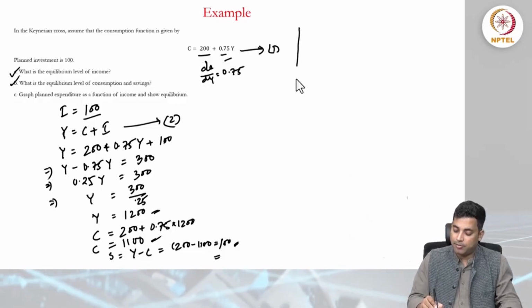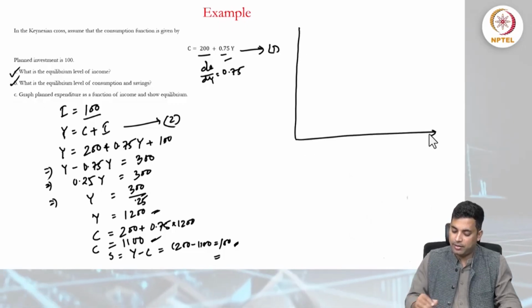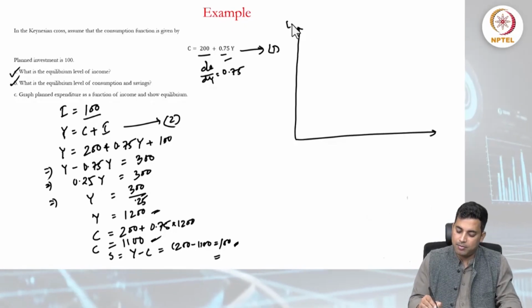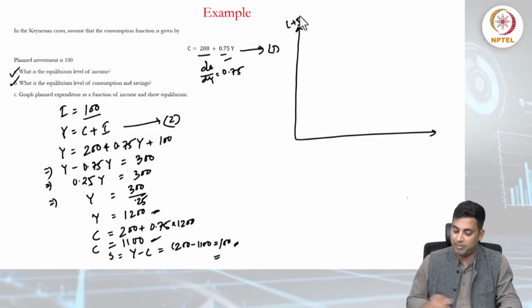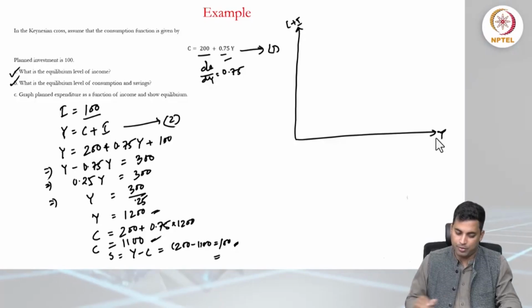Let us plot this, with C plus I as planned expenditure and total output.